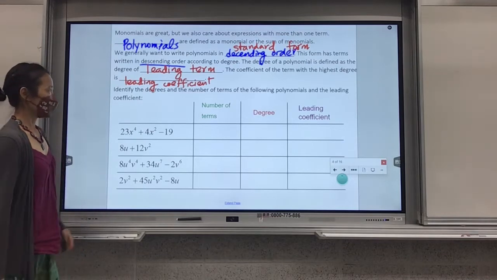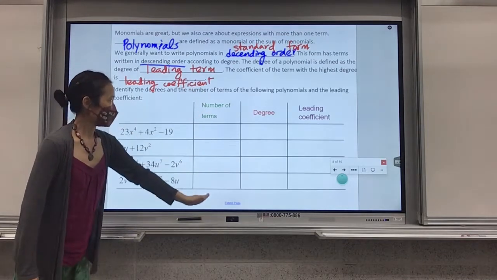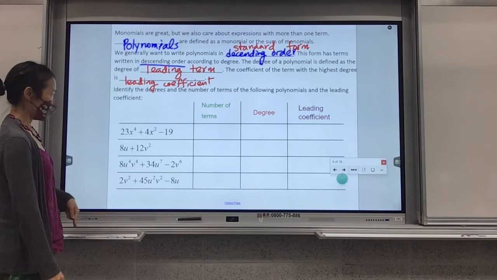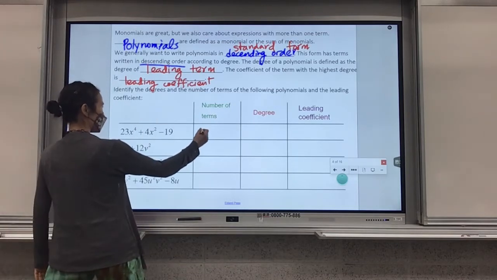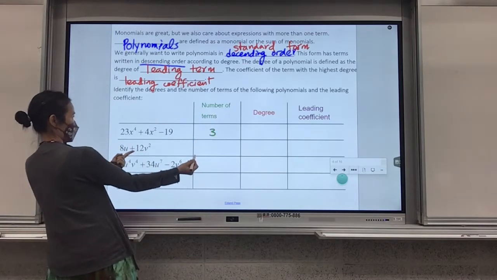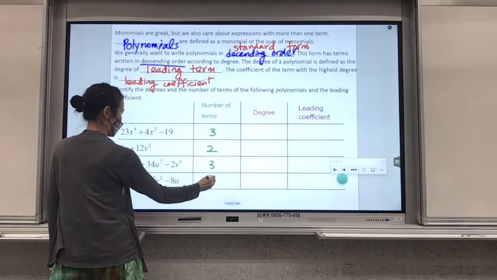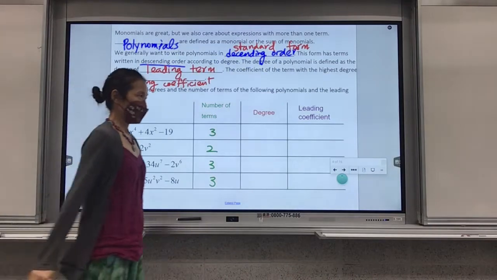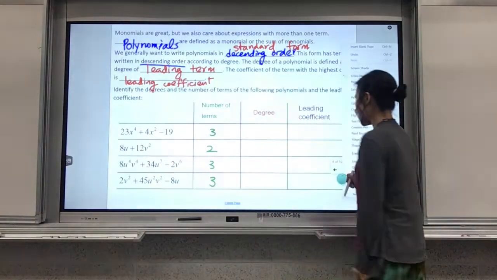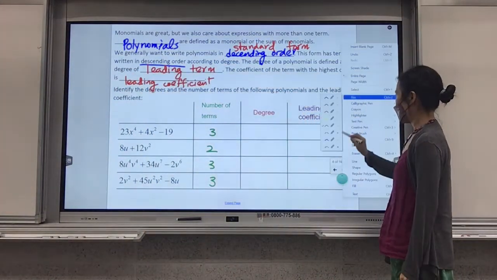All right, Chloe, can you take us through the number of terms for these 4 polynomials? So the first one, 3 terms, 2 terms, 3, 3. Okay, that's wonderful. Next one, we need to determine the degree.